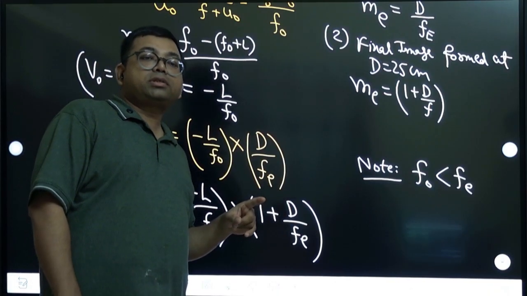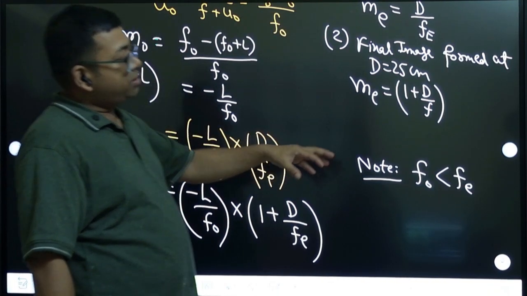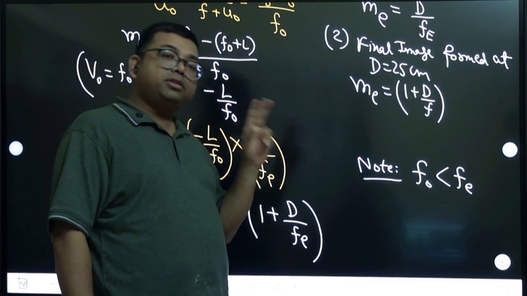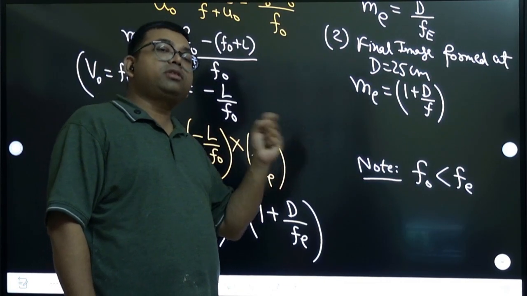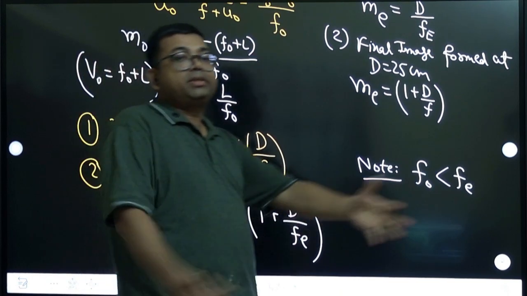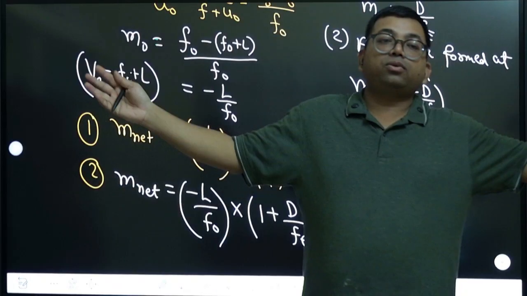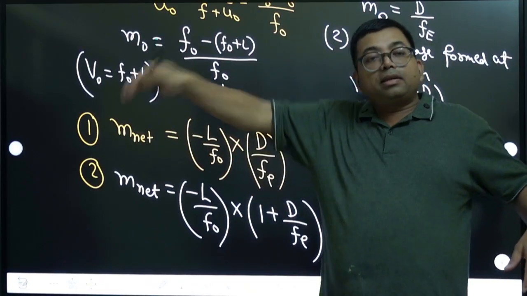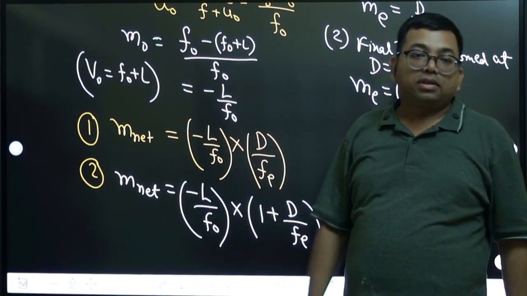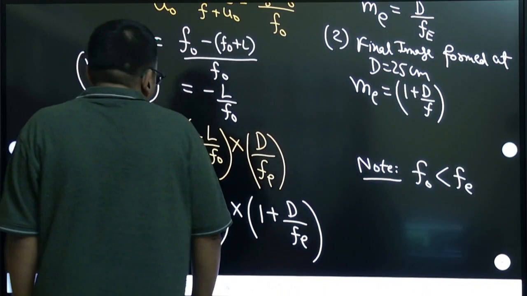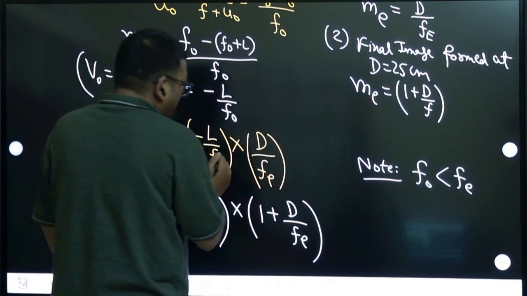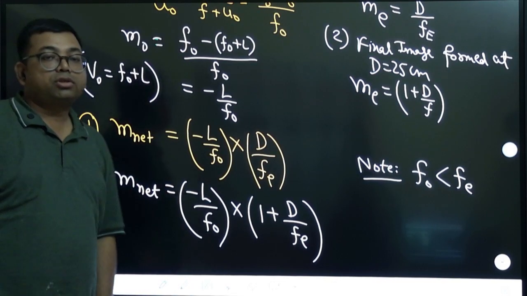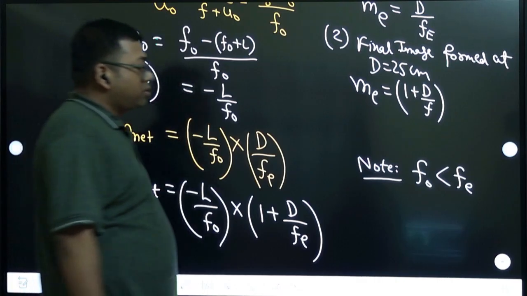Because one important reason is that the objective has a smaller focal length and eyepiece has larger focal length, so that wherever the image is formed, that image is formed within the focus of eyepiece. Eyepiece has large focal length. So wherever the image forms, in between only it will form, and that image will lie within its focus. That's the reason. Okay. And also note that if you keep FO small, magnification will be large. So that is also an important thing. We keep it like that.